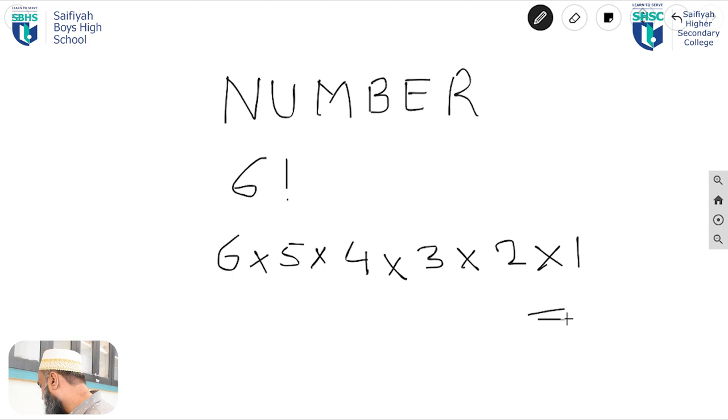When you multiply all these numbers together, the answer comes out to be 720 ways that we can arrange the letters in NUMBER. The number of permutations of this word is 720. This was another example of permutation.